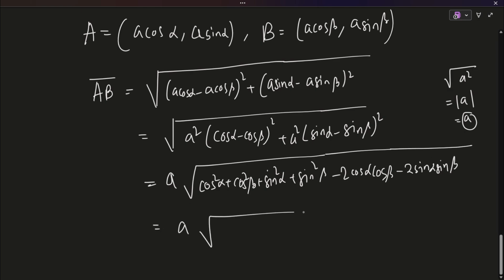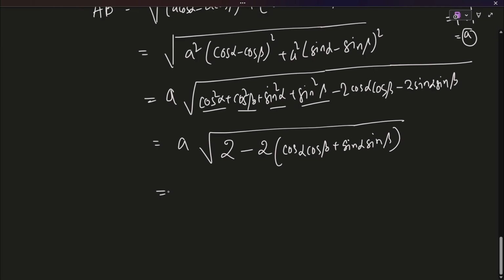Now cos square alpha and sine square alpha add up to 1, which is the identity. Then sine square beta and cos square beta will also give you a 1. Those ones will add up to a 2. And you can also take the 2 common from here, and inside we have cos alpha cos beta plus sine alpha sine beta.